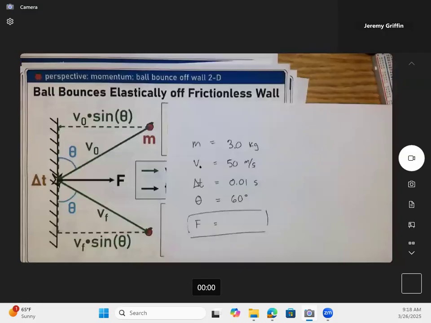Yeah, the mass of the ball is 3 kilograms. It's a 3 kilogram ball.